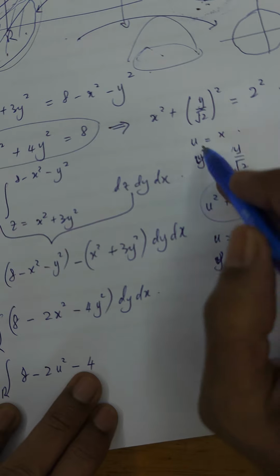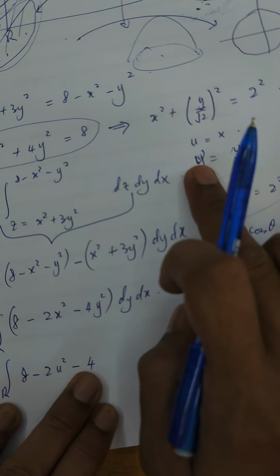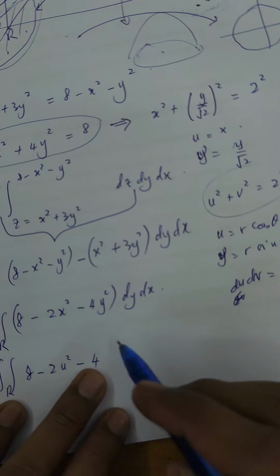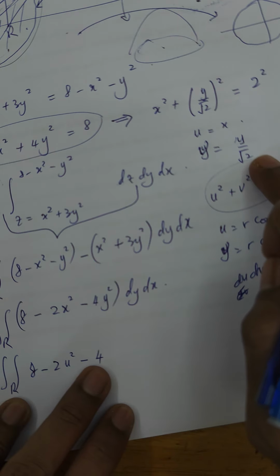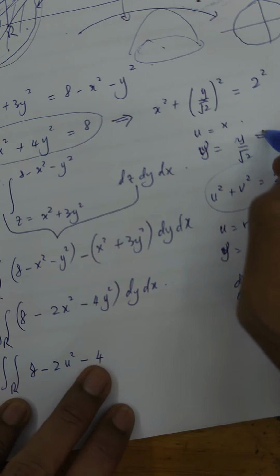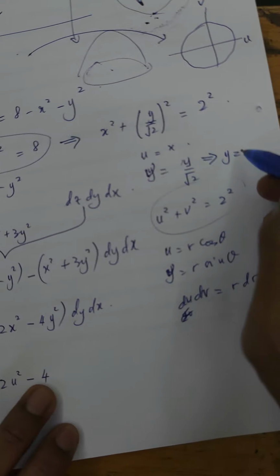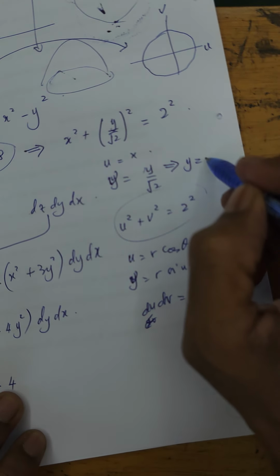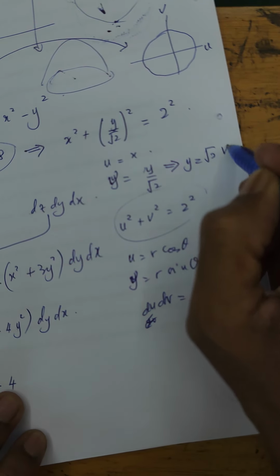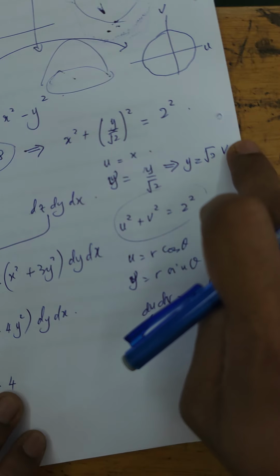With y as square root of 2 times v, y squared gives you 2v squared.